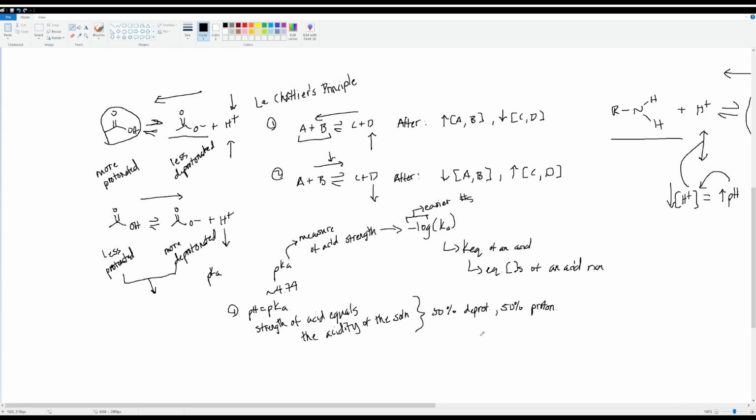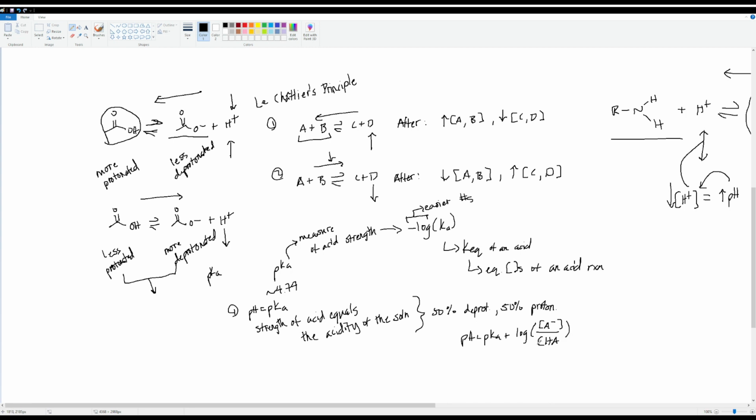Another way you can derive this is by using the Henderson-Hasselbalch equation. pH is equal to pKa plus the log of the concentration of the conjugate base over the conjugate acid.